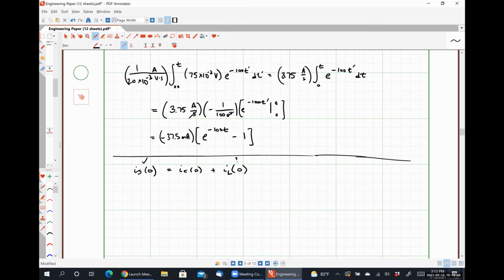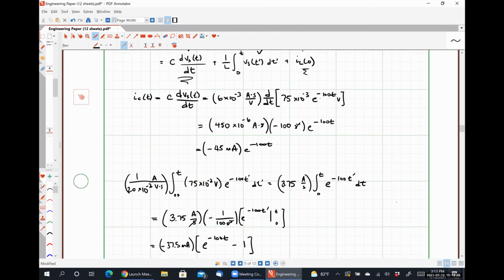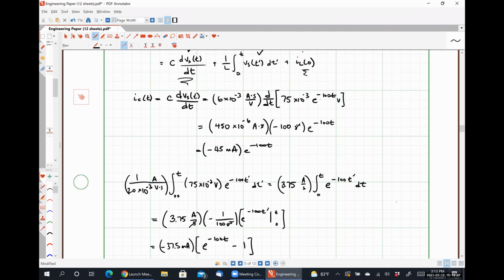Would you just plug in 0? Yeah, we literally just plug in 0 into the equation that we derived for IC. So, was that Dylan speaking? Austin, okay, my apologies. Austin, based on what our equation is, what is IC at 0?